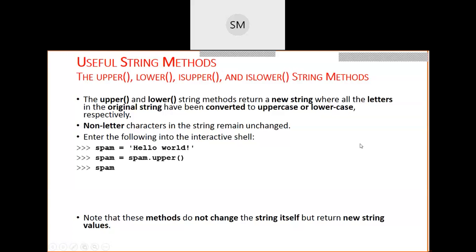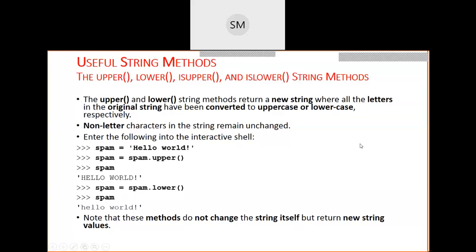After converting to uppercase letters, that spam value will be checked like this, hello world. Then spam equal to spam dot lower. We already know the spam value is uppercase. Now we are applying the lower method to it, then all characters will be converted to lowercase letters like this, hello world.